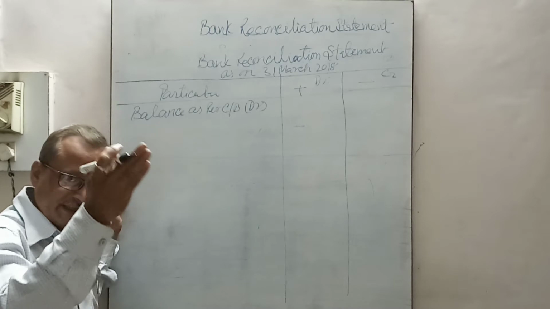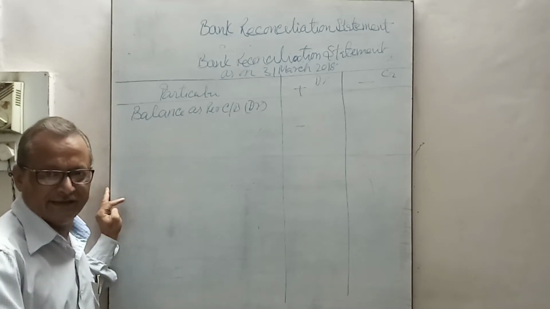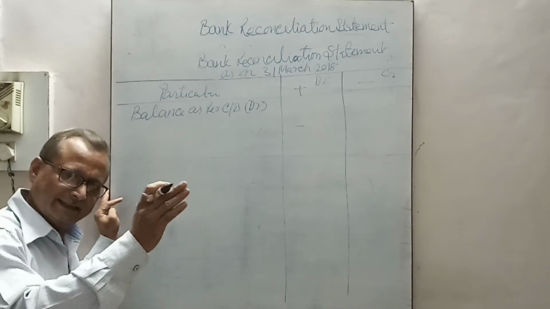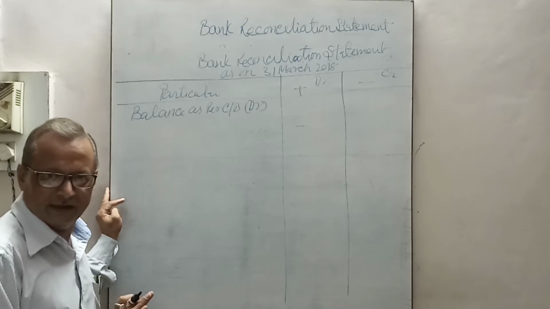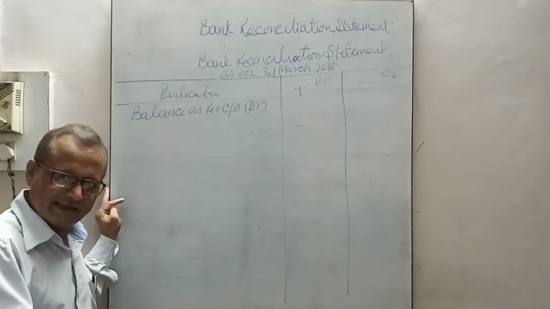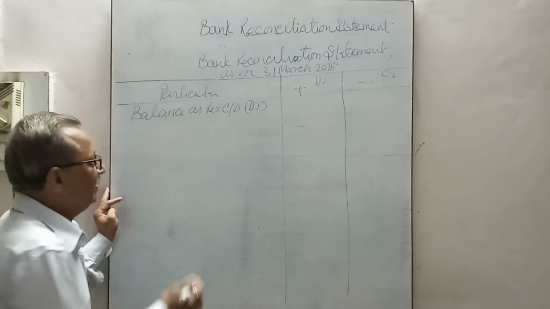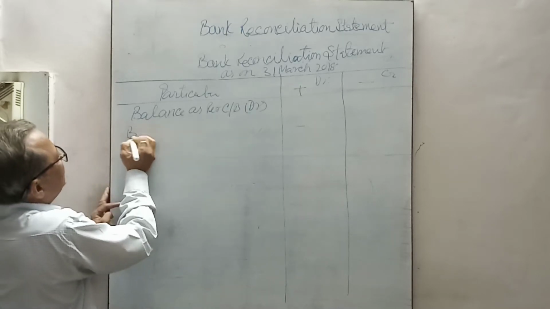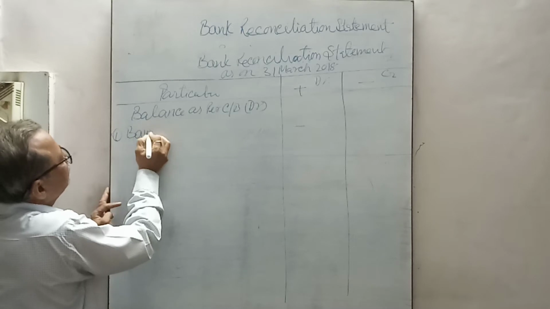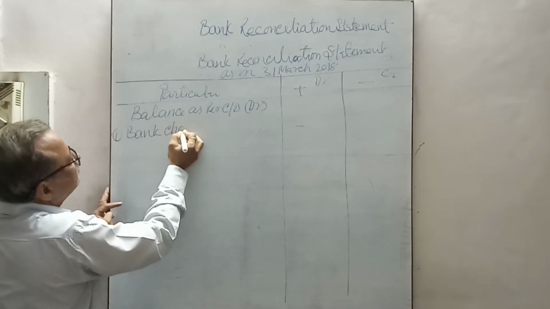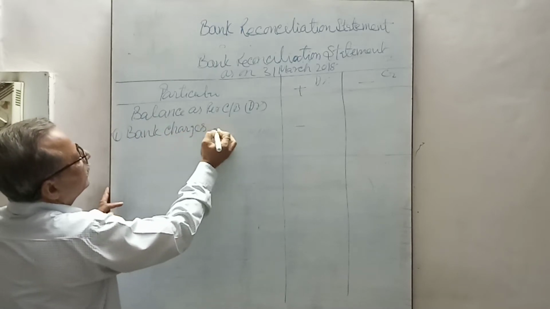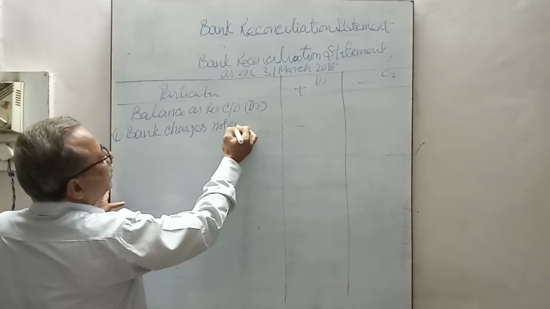The items which increase, decrease it. The items which decrease, plus it. So here, bank charges not entered in cash book.